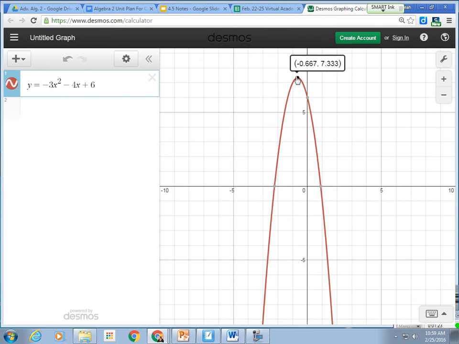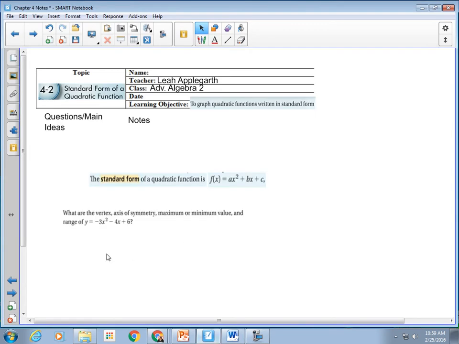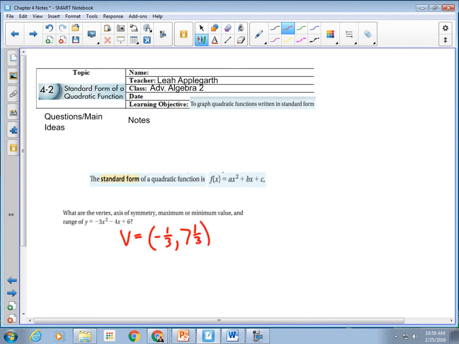So our vertex is at negative 1/3, comma 7 1/3.